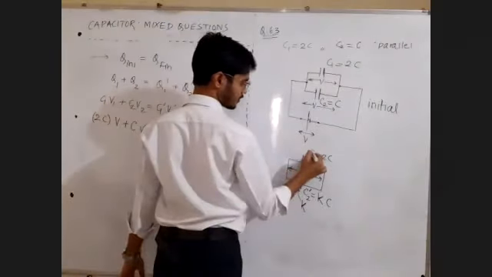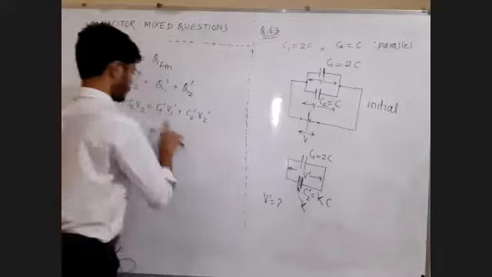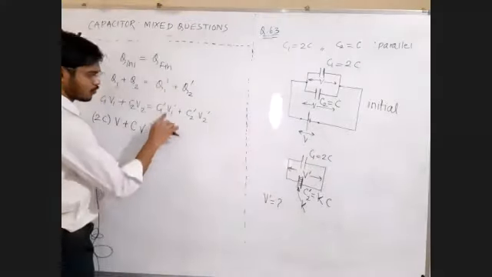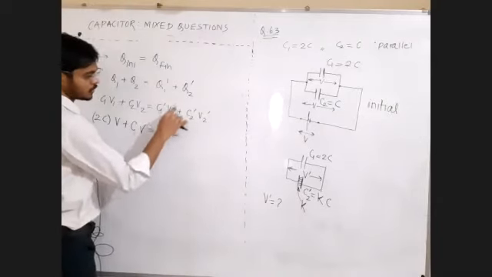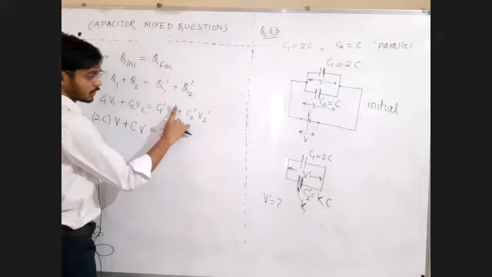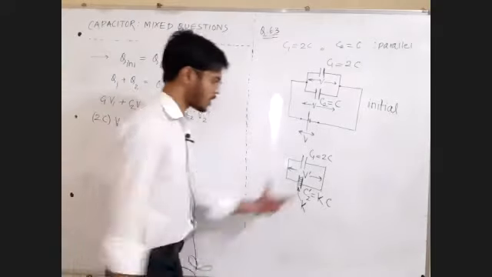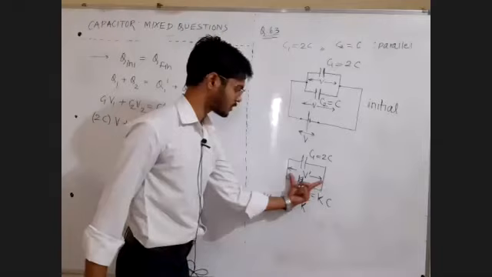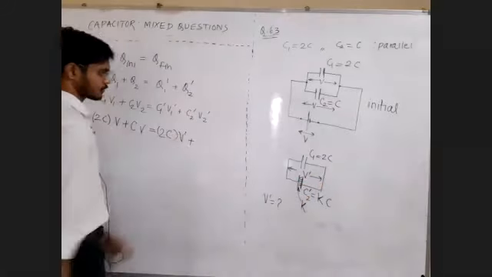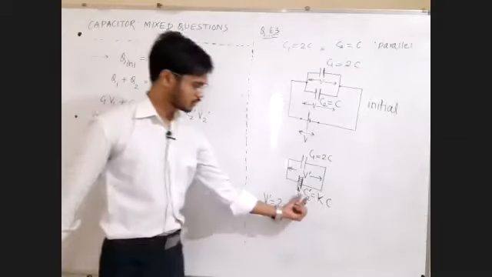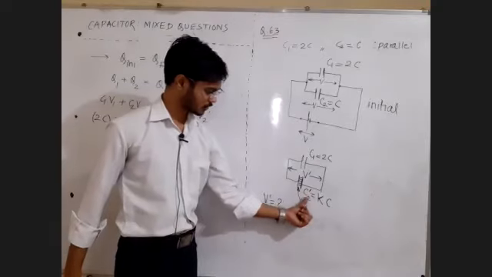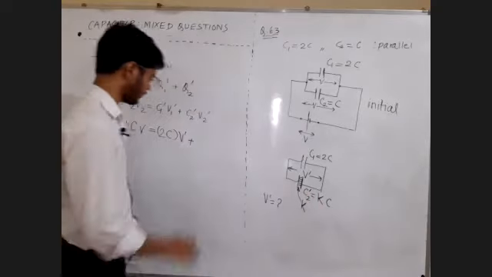C1 dash and C1 both are the same. So instead of C1 dash, we will write directly 2C as it is. V1 dash means new potential difference across first capacitor. New potential difference across first capacitor is V dash, plus C2 dash, new capacity of second capacitor, K times C.